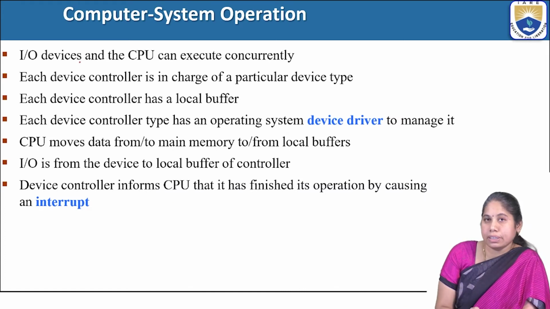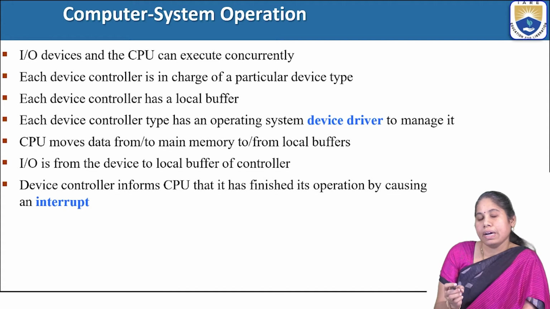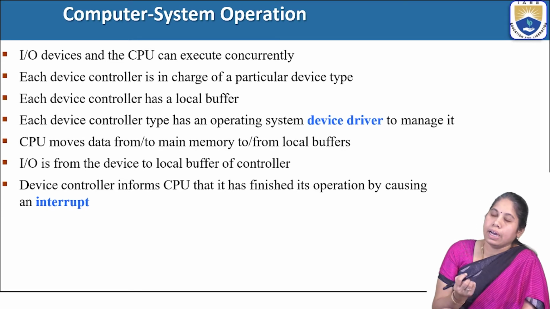I/O devices and CPU can execute concurrently, and each device controller is in charge of a particular device type, and this device controller has a local buffer because each and every device has an in-charge. That in-charge is nothing but a device controller, and it has a local buffer and also a device driver.